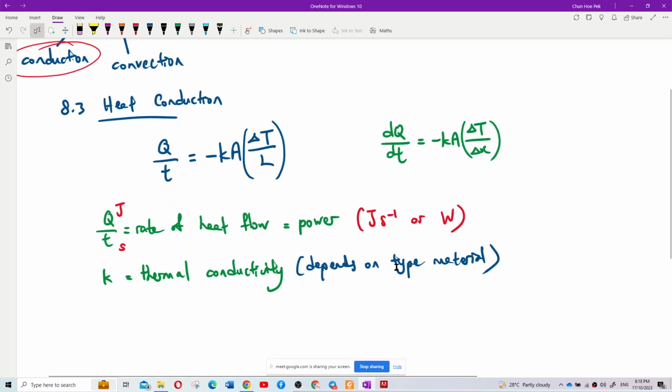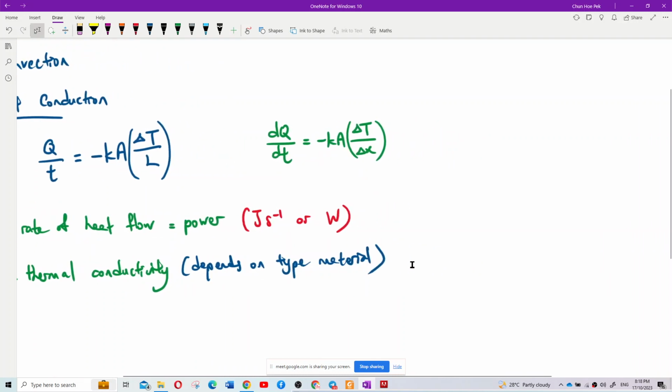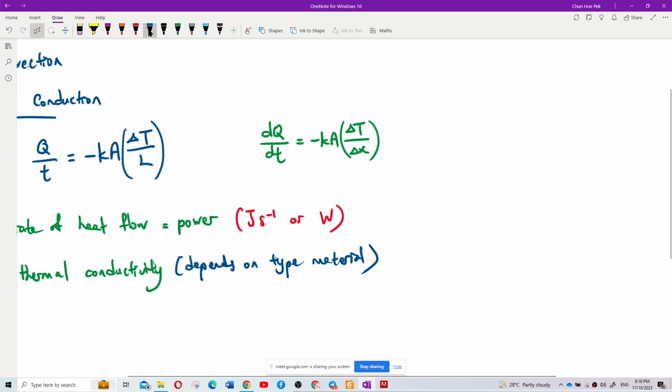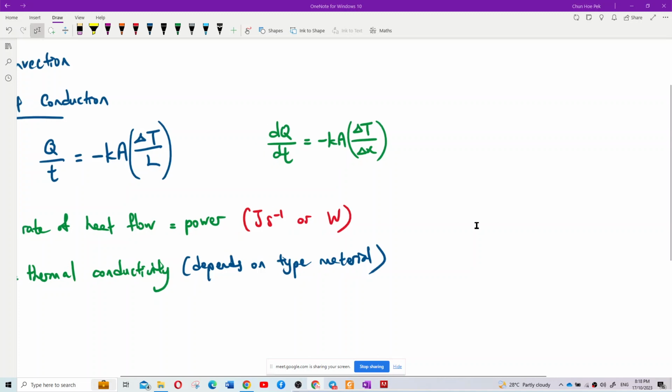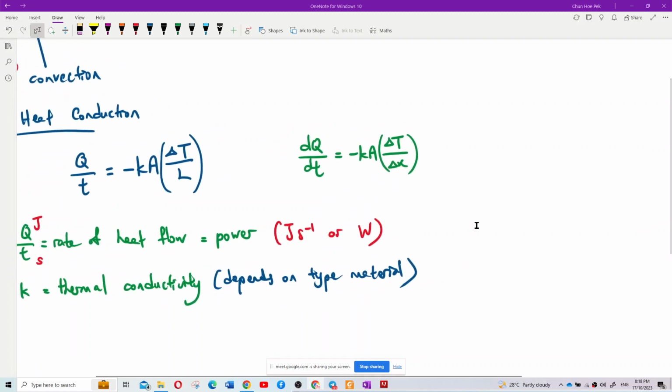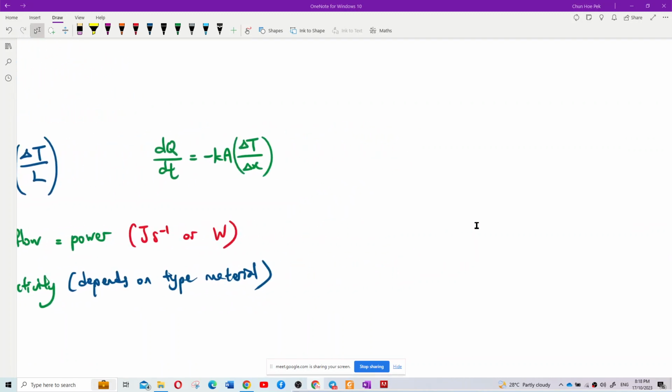In stress and strain, what quantity did we learn that depends on the type of material? Young modulus. That's right. Good.